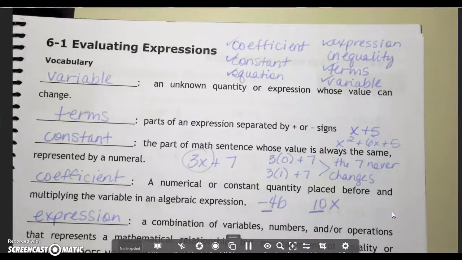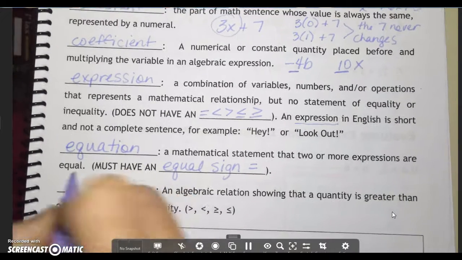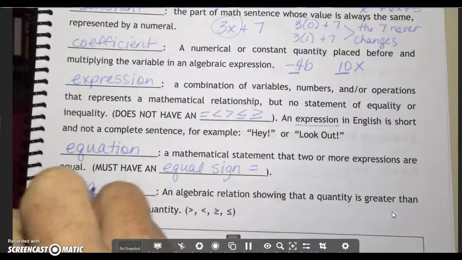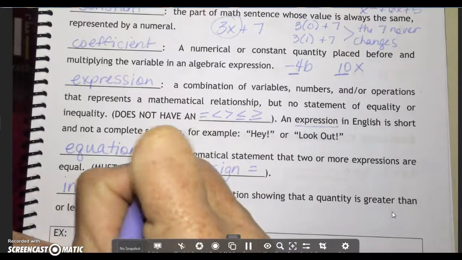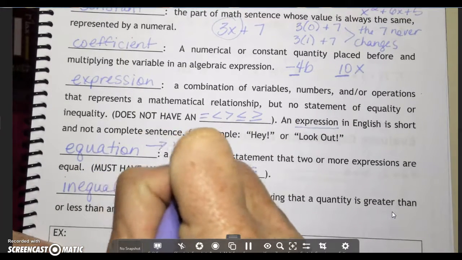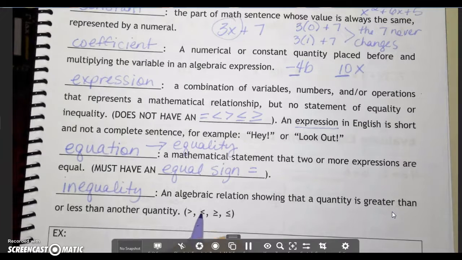So there's our 7 terms we had to start with. Inequality, right? So if something's not equal, it must be unequal. Does that make sense? Okay. So that's going to be an inequality. You can actually think of an equation as an equality. Same thing. Okay. So that can mean greater than, less than, greater than or equal to, less than or equal to.